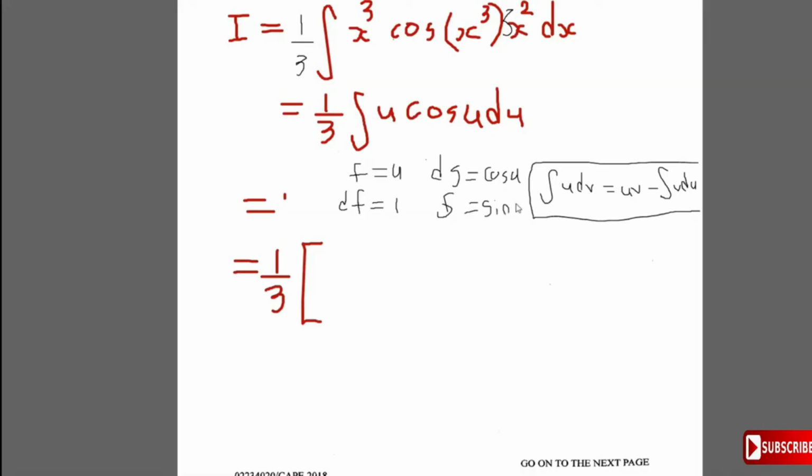When I differentiate sine, I get cos. When I integrate cos, I get back sine.